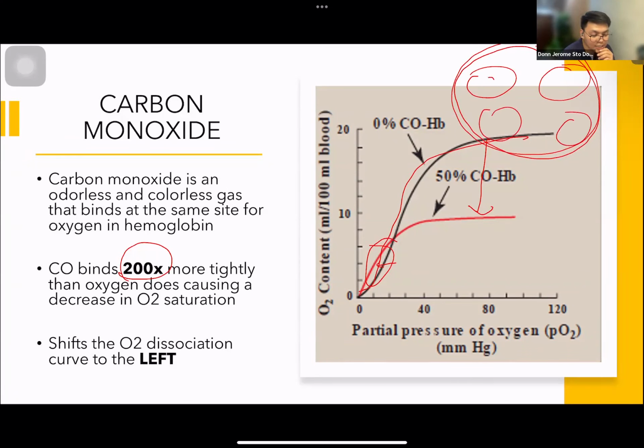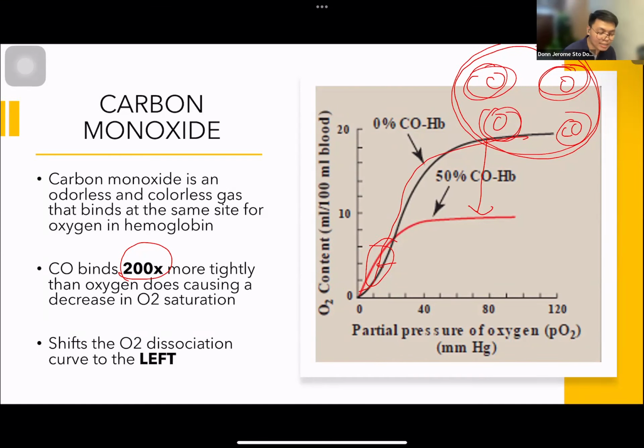Let's say you have oxygen bound to 3 of those subunits, and you bind carbon monoxide to 1 of the subunits. That will inhibit the release of the oxygen molecules. That is what is meant by higher affinity. Once carbon monoxide binds to your hemoglobin, it will not allow the release of the remaining oxygen.